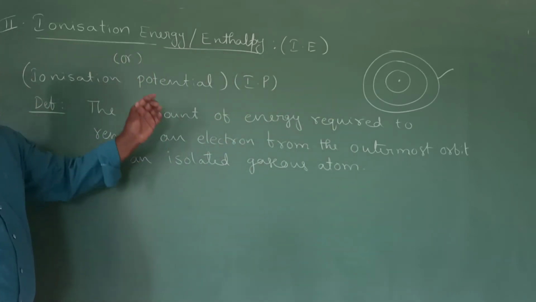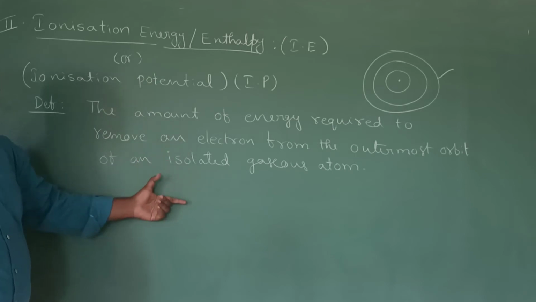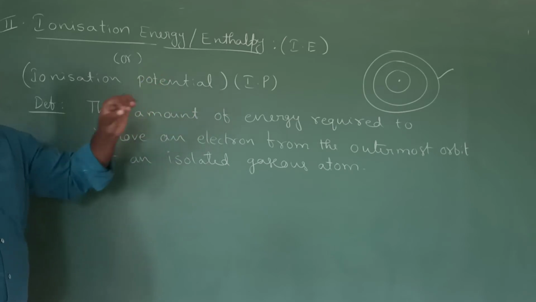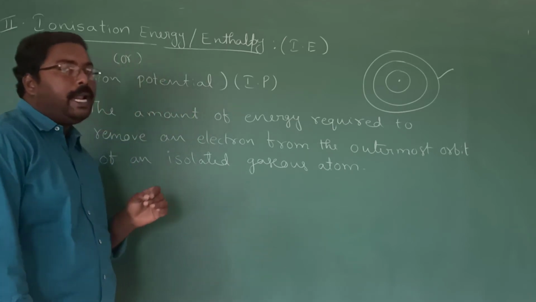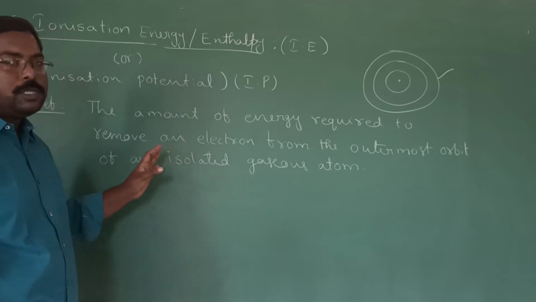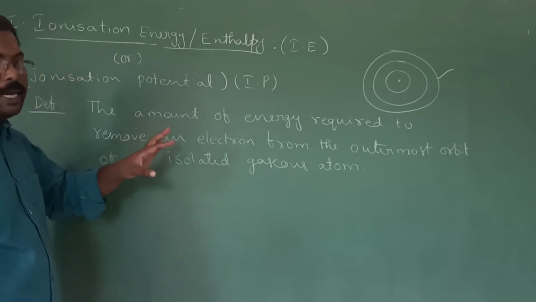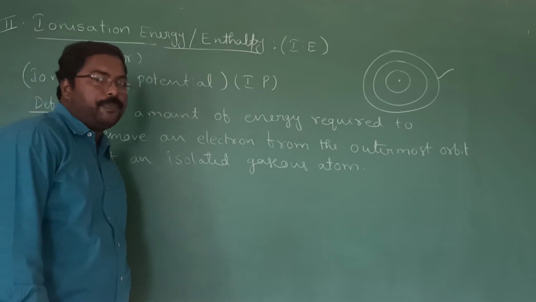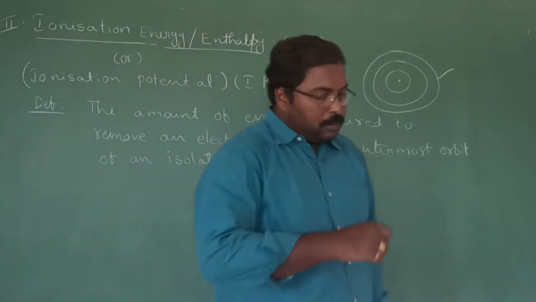Right? So ionization potential or ionization energy is nothing but the amount of energy required to remove an electron from the outermost orbit of an isolated gaseous atom. Okay? Note this.